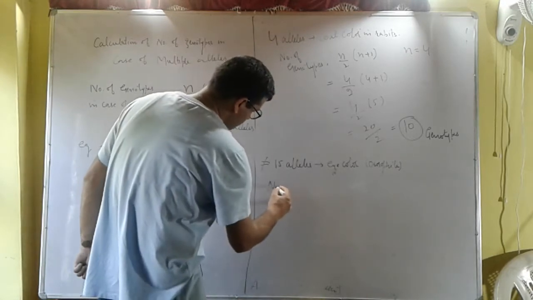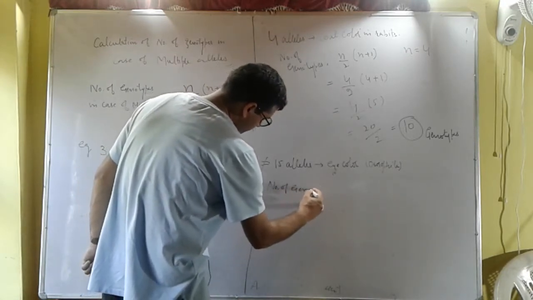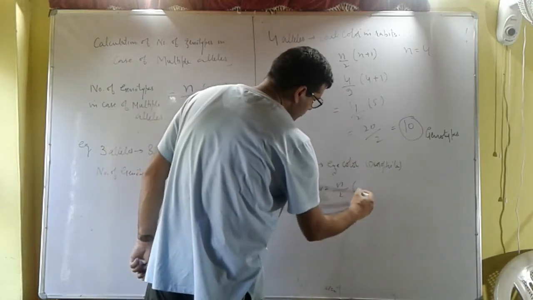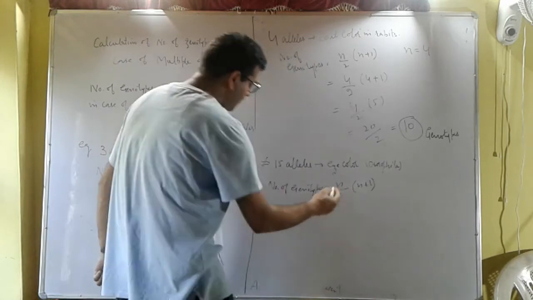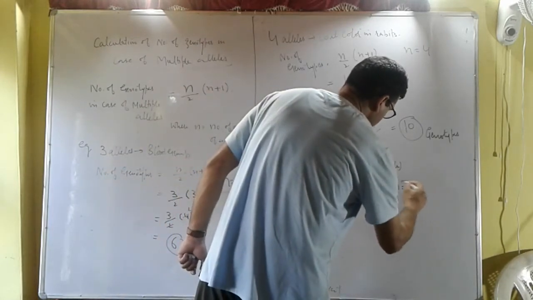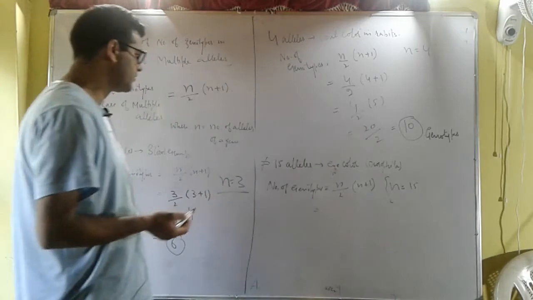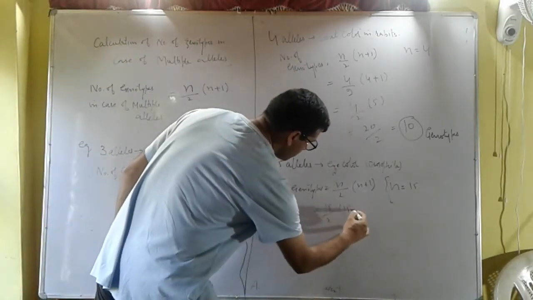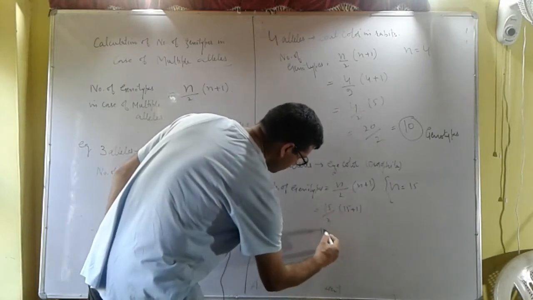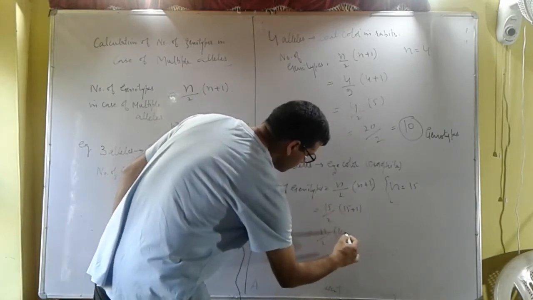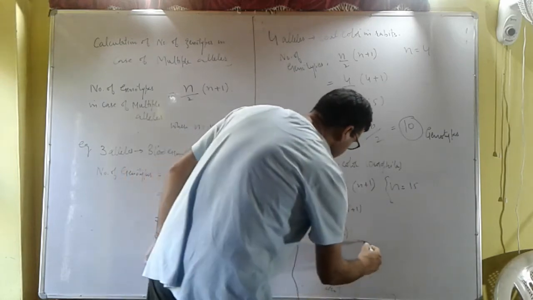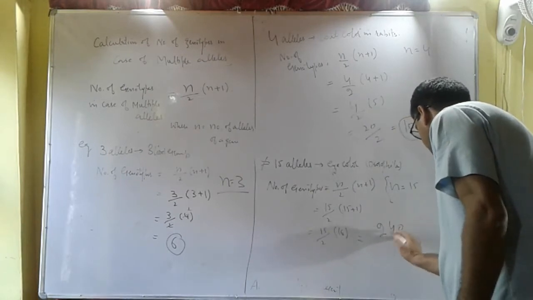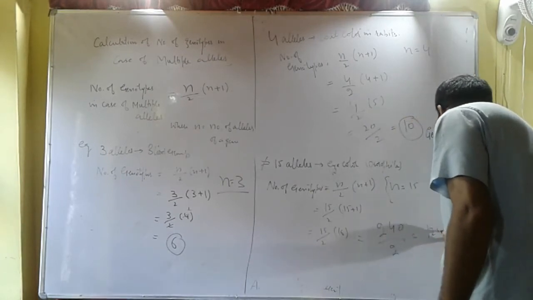The number of genotypes is n by 2 into n plus 1, where n is equal to 15. It is given, n is the number of alleles, so it would be 15 by 2, 15 plus 1. So 15 by 2 into 16. What will it come to? It will come to 240 by 2, obviously 120 genotypes.